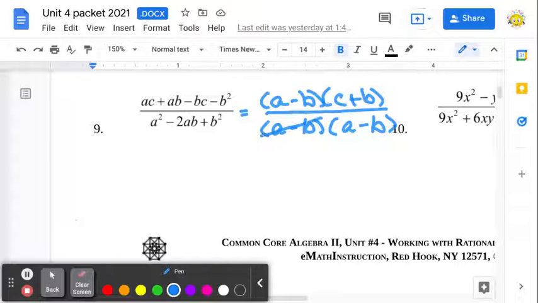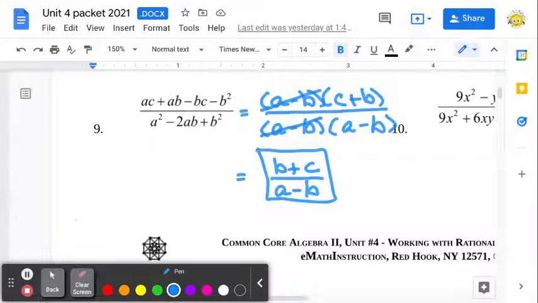So now I cross off the a minus b's, and I am left with, I got to change this to alphabetical order, b plus c over a minus b, or c plus b. Remember, addition is commutative.